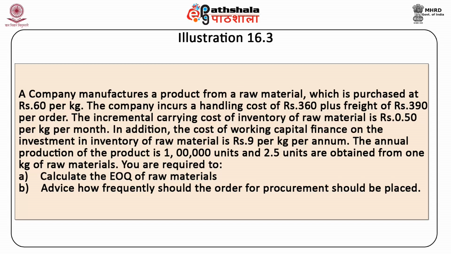In addition, the cost of working capital finance on the investment in inventory of raw material is rupees 9 per kg per annum. The annual production of the product is 1 lakh units and 2.5 units are obtained from 1 kg of raw material. You are required to calculate the EOQ of raw materials and advise how frequently the order for procurement should be placed.